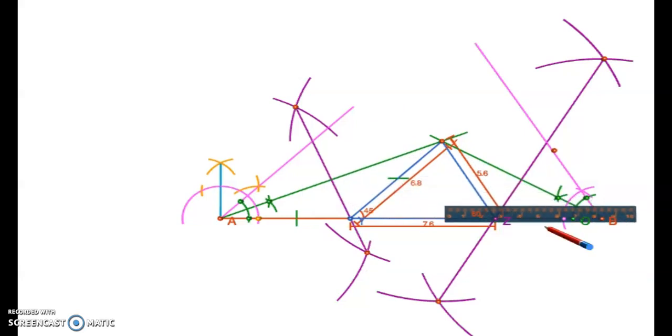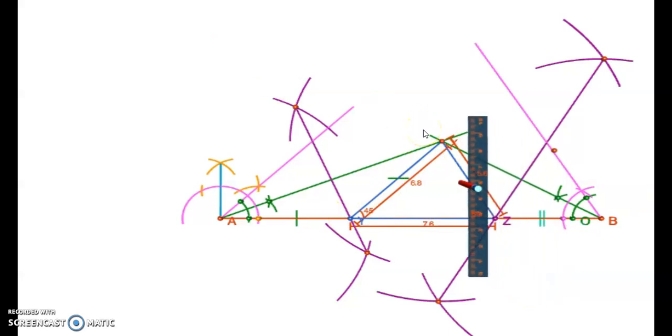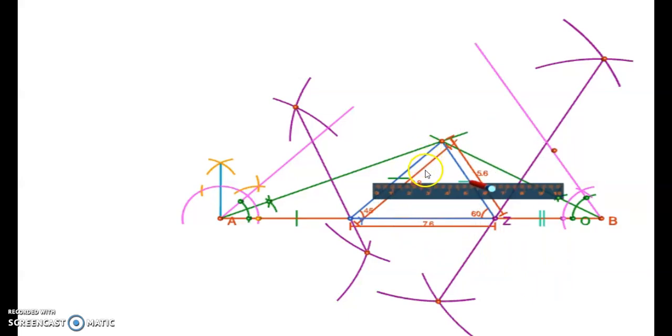That is the perimeter which we have considered, 20 centimeters. And we got the perimeter of this triangle XYZ as 20 centimeters. Right. Now let us see how these are equal.